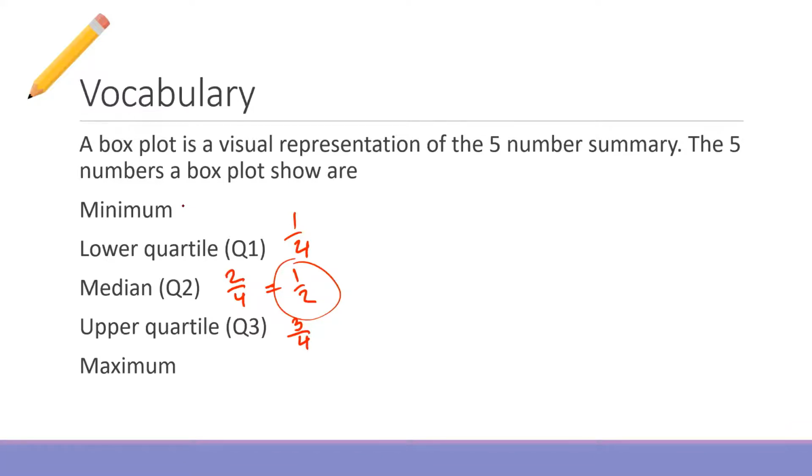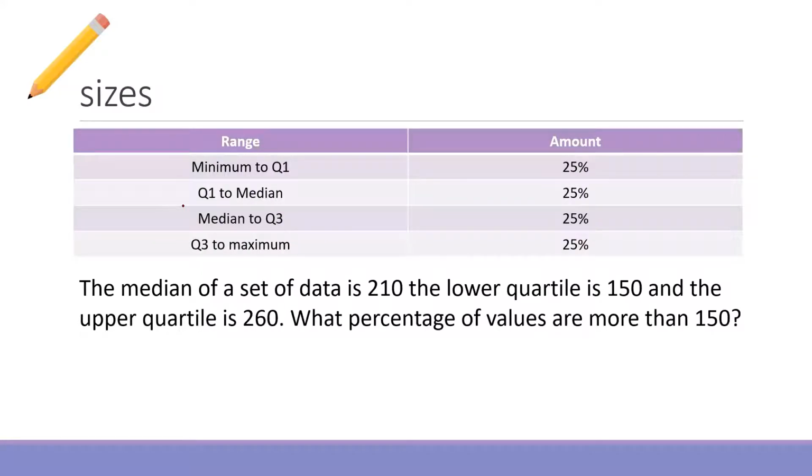So the first thing we're going to do is look at sizes. The sizes of this are actually relatively important. From the minimum to the first quarter is 25%. The first quarter to the median is 25%.